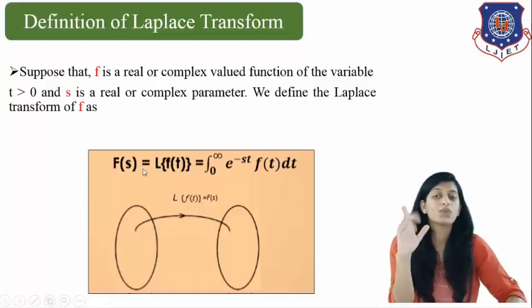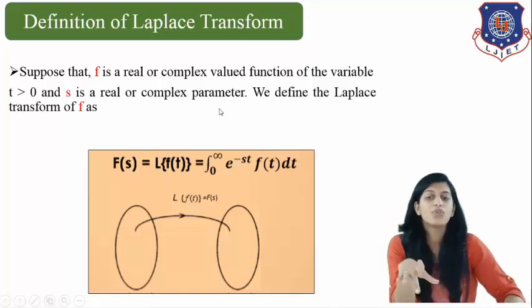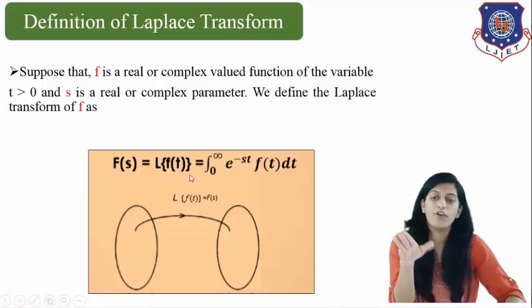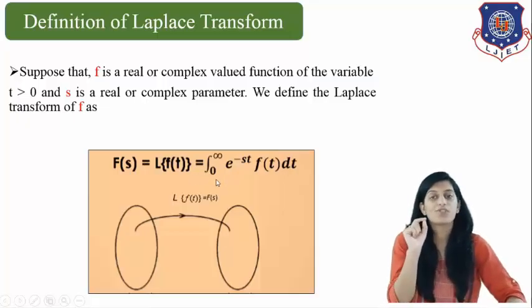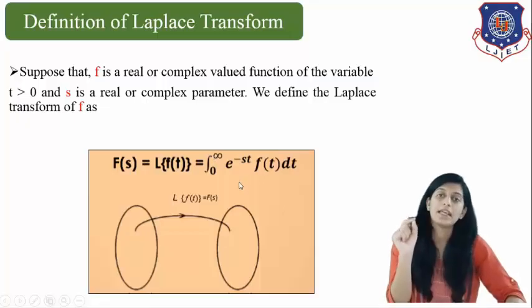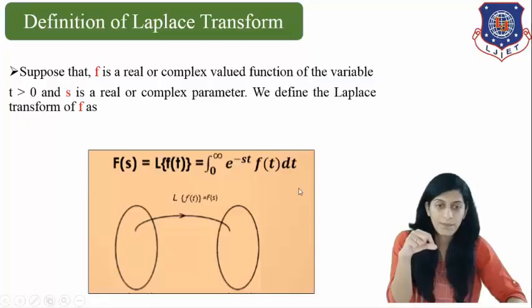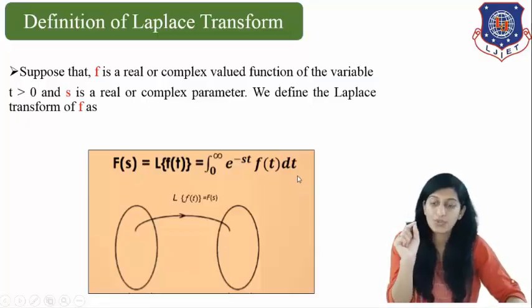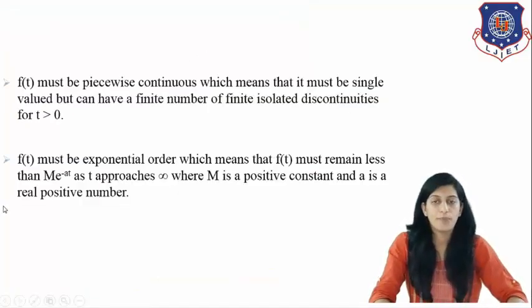If I need to transform my time domain function to Laplace domain, I need to do Laplace of f of t. This can again be written as integration from 0 to infinity of e raised to minus st f of t dt. This is the basic formula which is used to define a Laplace transform.